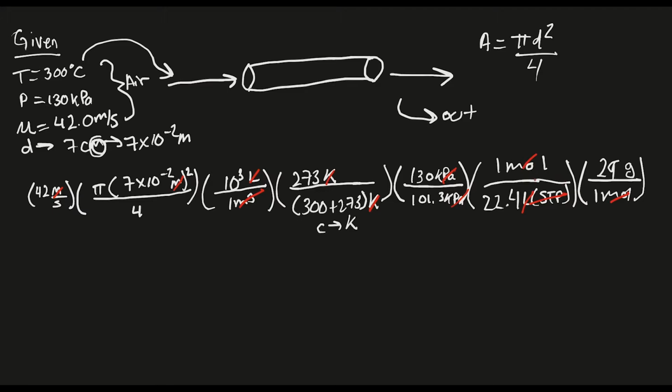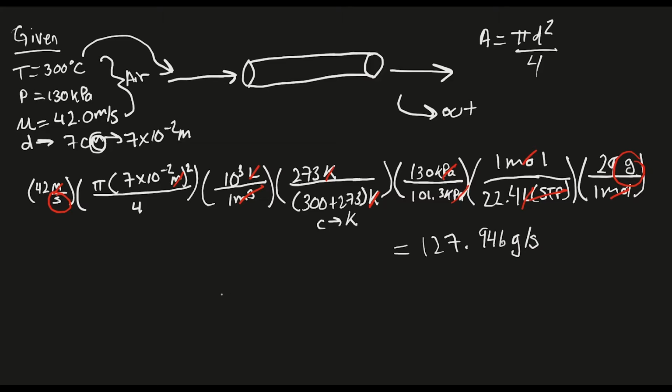And that is it. Great. Oh, would you look at that? We have grams. We have seconds. Perfect. So we plug this into our calculator, and the final number we get is 127.946 grams per second. Okay?